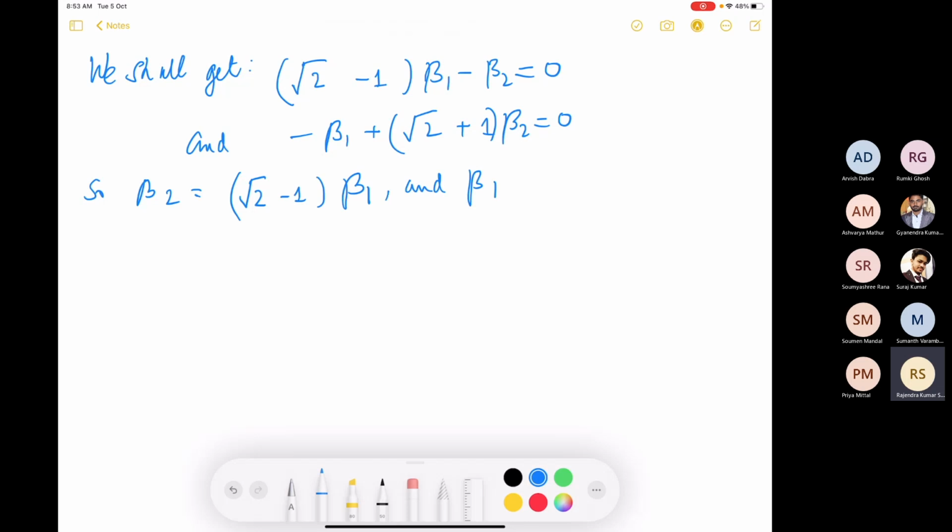So these two values satisfy the system of equations. What we have just now seen is our system.